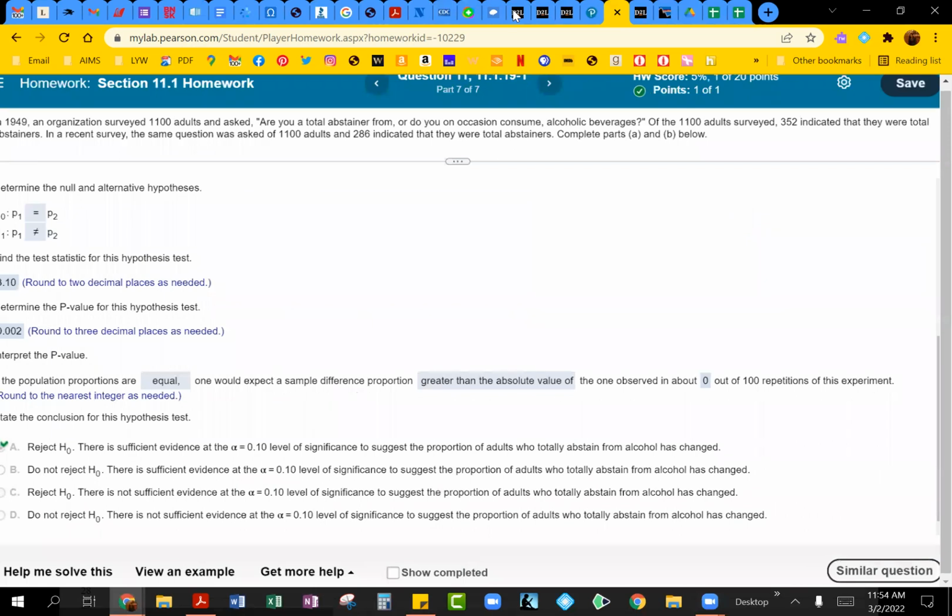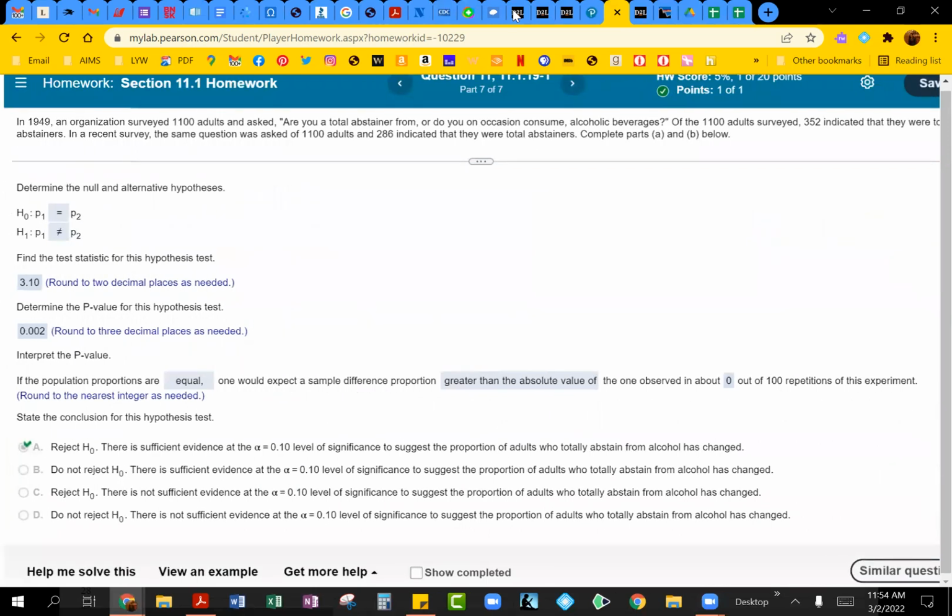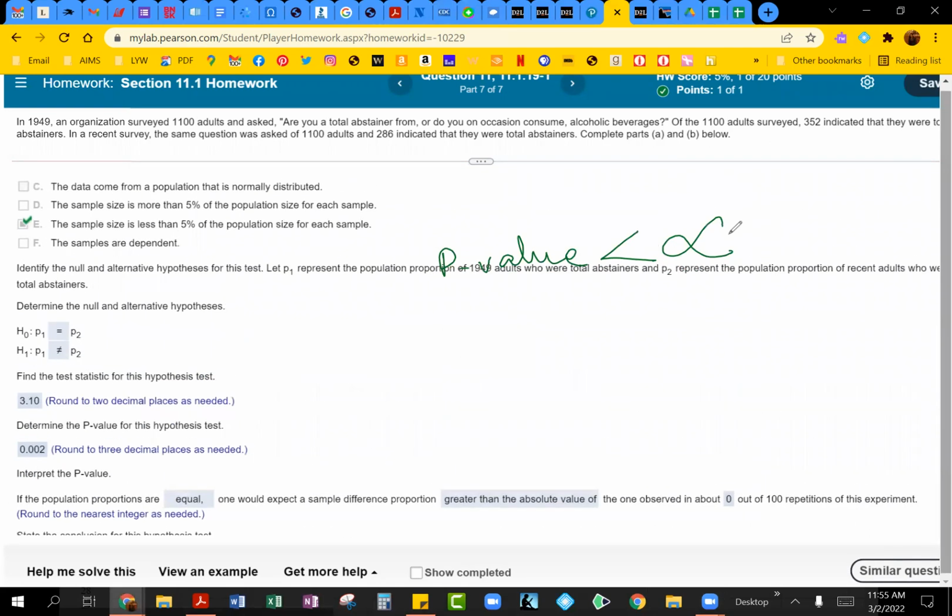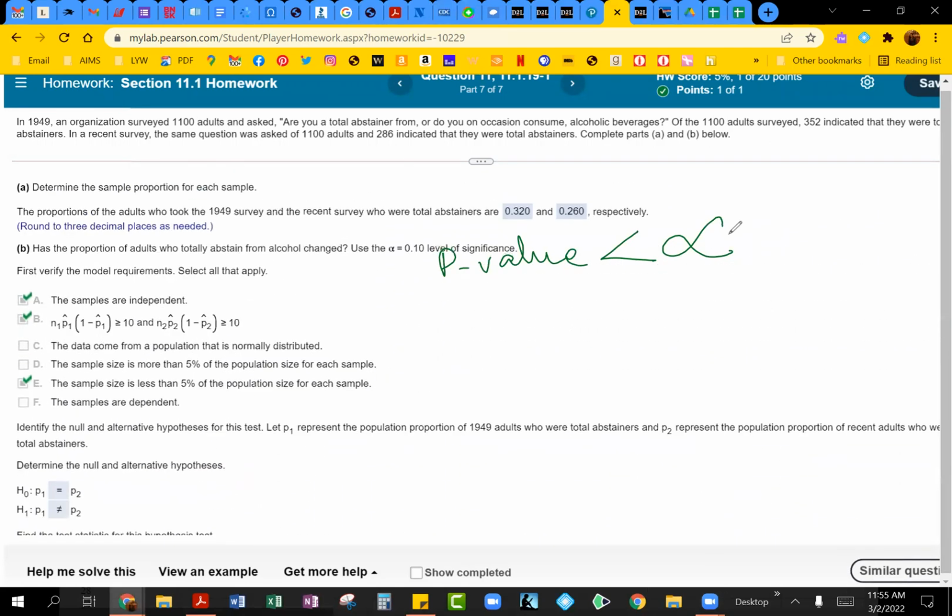The other thing you should also keep in mind when you're deciding if you will be rejecting or not rejecting the null hypothesis is if your p-value comes out to be less than your level of significance. Where was our level of significance? There we go.